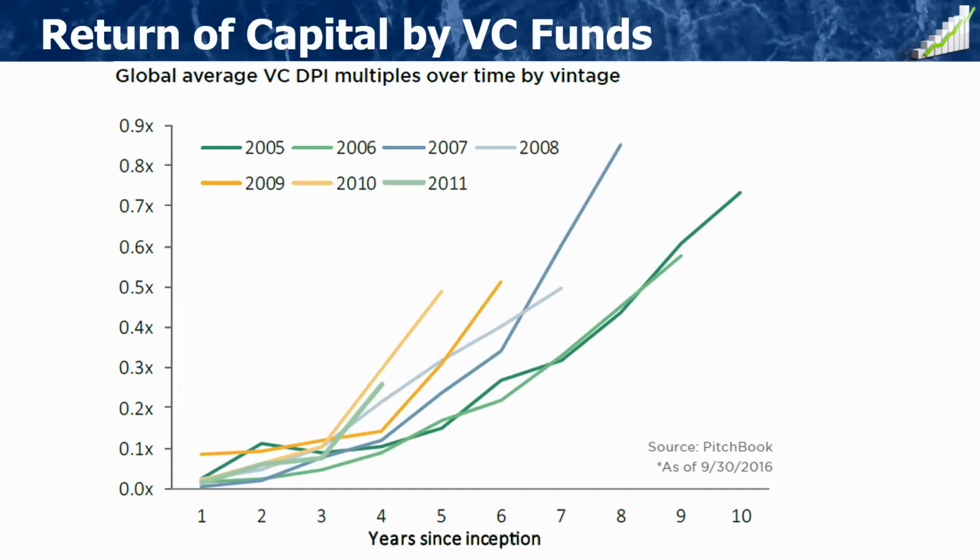It's the average distributed to paid-in multiples, which we covered recently, over time by vintage years. As far as you get, it fluctuates, but you can see that, let's say in 2005 and 2006, even after 10 years, so closer to the fund's life end, the funds have not returned the cost. It means that they might have a lot of unrealized value, but that was right before the financial crisis, right?